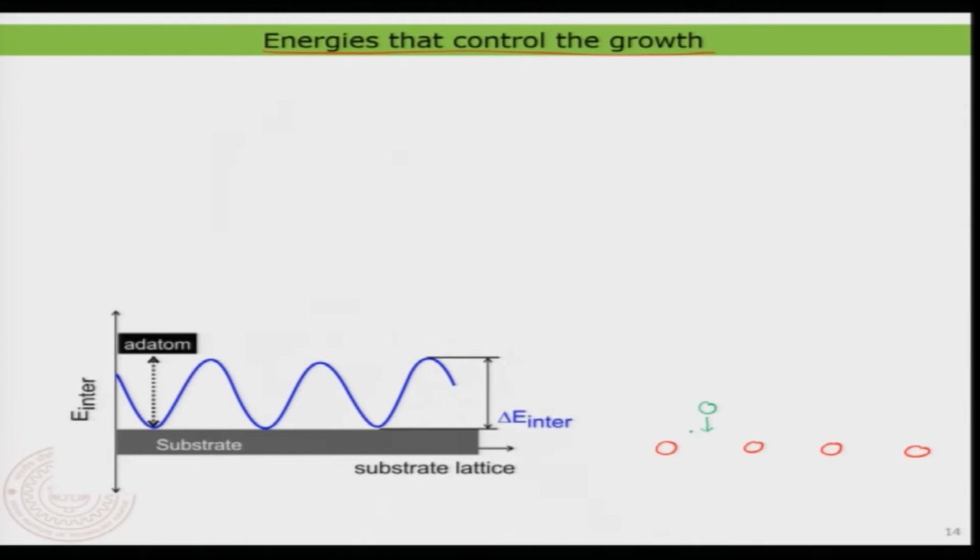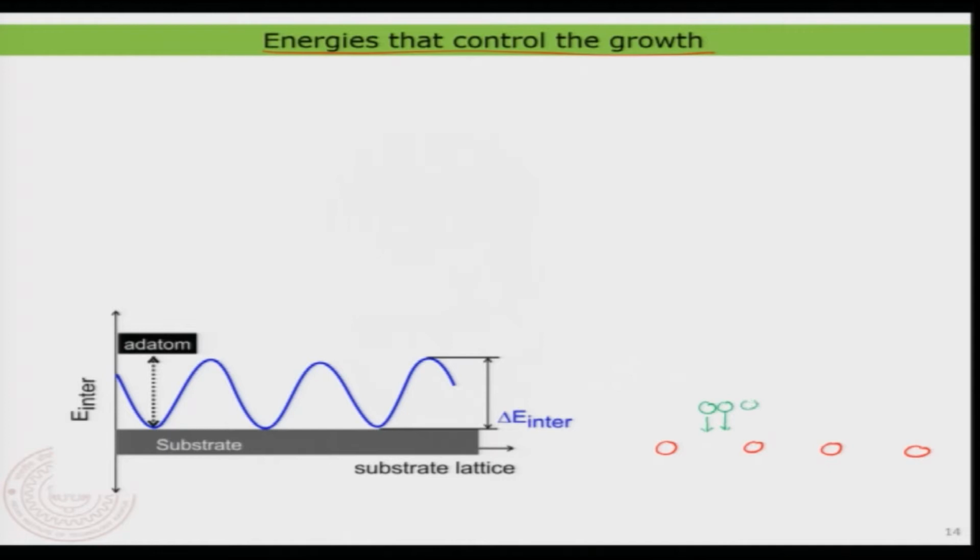But I have already told you it is not necessary that all the time the atom is adsorbing on top of a void site. It can adsorb at any site. For example, the atom can adsorb at this point, and it can also adsorb at this point here. But of course, the top site is normally the least energetically favorable, and the so-called void site is the most stable site.